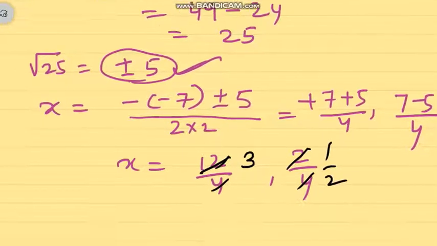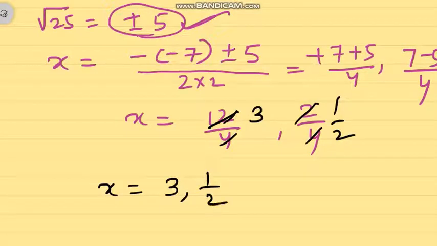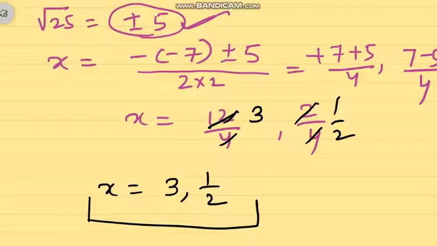So finally, your roots will be x equal to 3, comma 1 by 2. This is how you calculate the solution of a given quadratic equation using the formula minus b plus or minus root b square minus 4ac by 2a, which is also known as the quadratic formula.